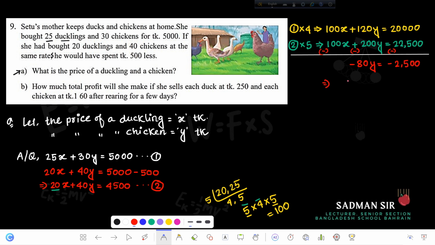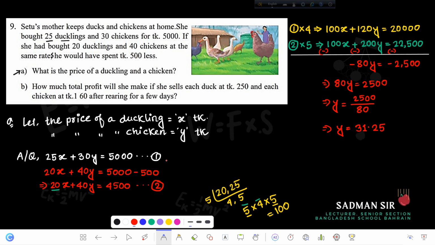At first we will cancel the minus from both sides, so it will be 80y equal to 2,500. Then y equals 2,500 divided by 80. The zeros we can cancel, and 250 divided by 8 gives us 31.25, but let me use the calculator and confirm. Yes, 31.25.